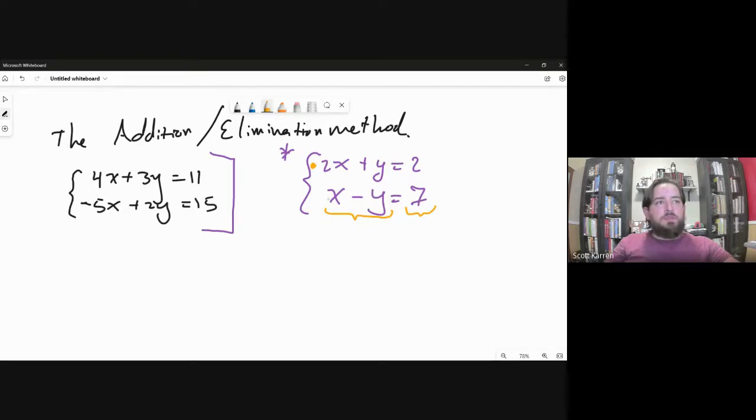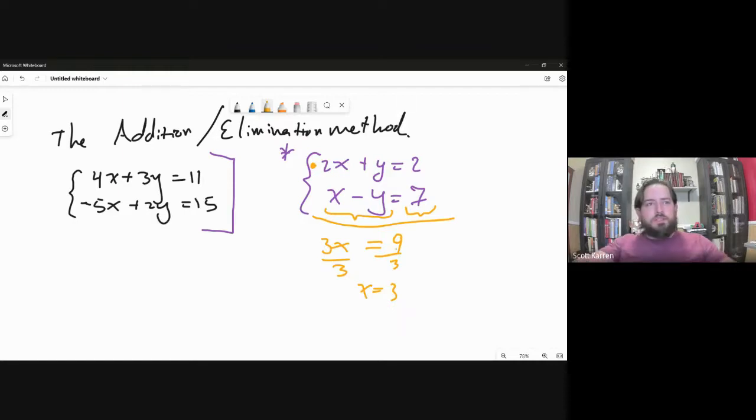Well, I get 2x plus x, which is 3x. And I get y and negative y, which is nothing. It's gone. And then I get 7 plus 2 is 9. And in one move, I've eliminated y. And one more move, I've solved for x. And that's very simple. There's no graphing. There's no substitution method.